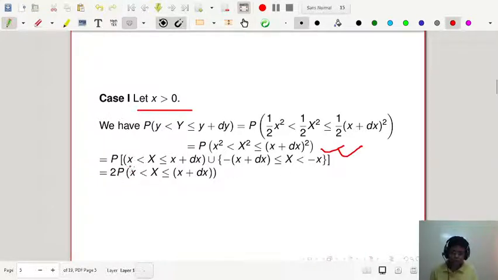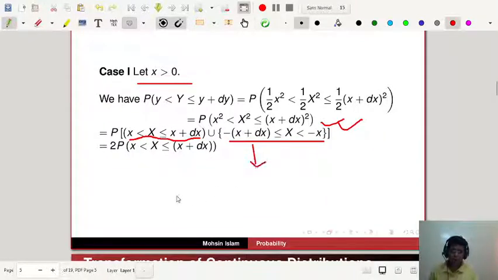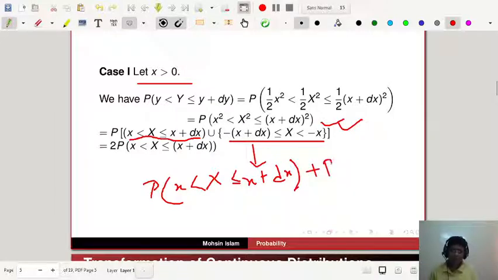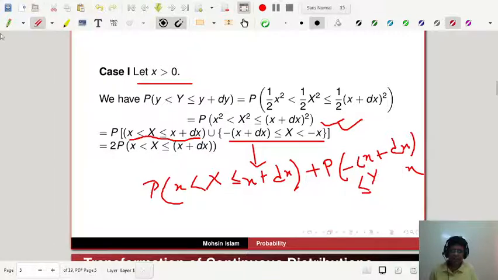Now these two events are mutually exclusive, so we can write the probability of x less than capital X less than or equal to x plus dx, plus the other part, the probability of minus of x plus dx less than or equal to capital X less than minus x.